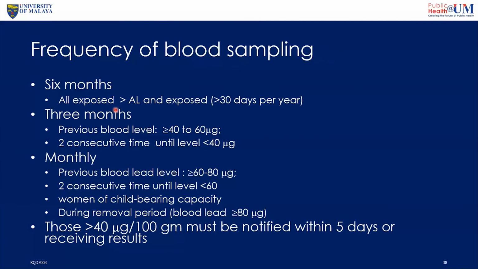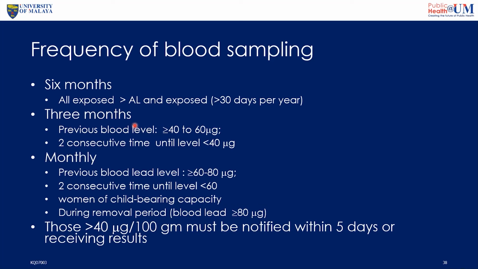All right. So it talks about blood sampling, how often it is supposed to be taken, like every 6 months if you're exposed, 3 months depending on the previous blood level, and monthly if there's a high previous blood level. Those with more than 40 milligrams must be notified, 5 days between. This is basically information that is available inside the act, but for you as a non-doctor, you don't have to remember this.